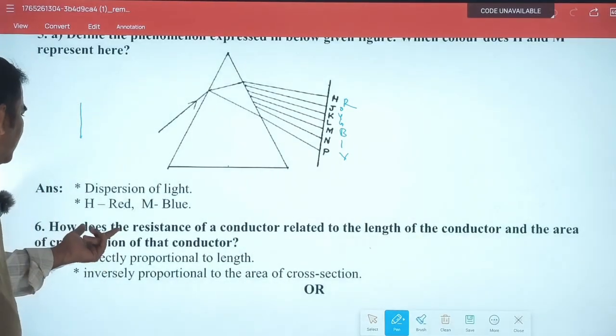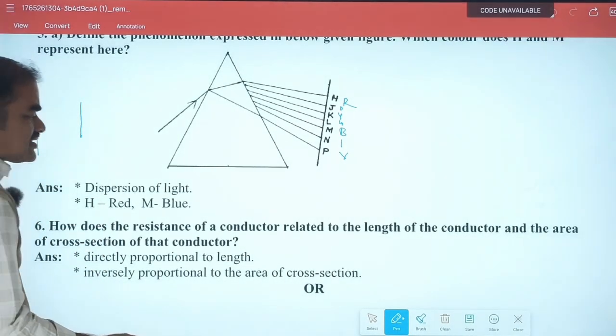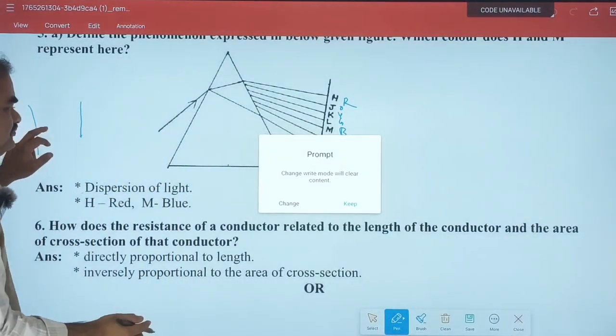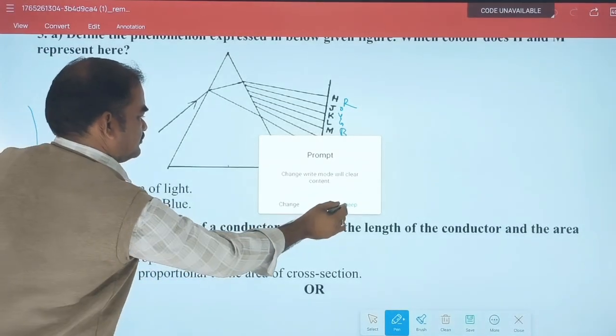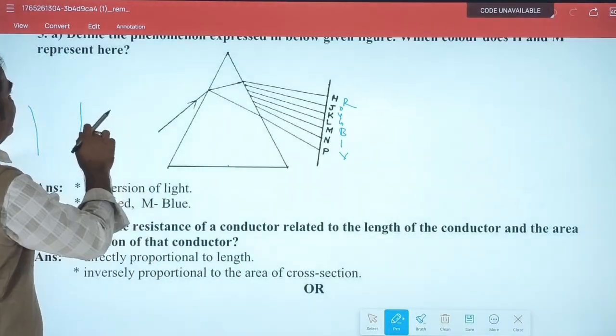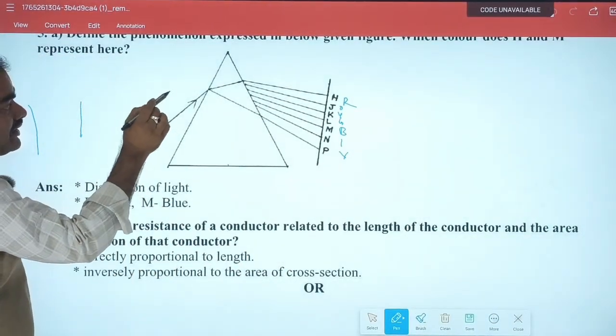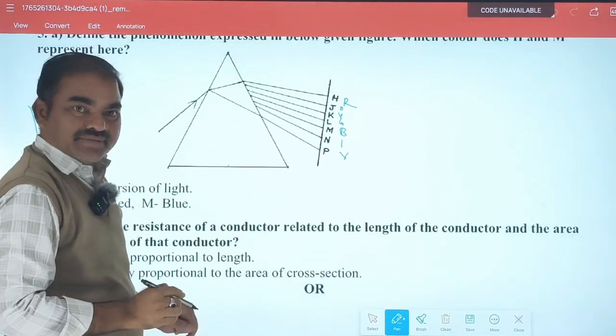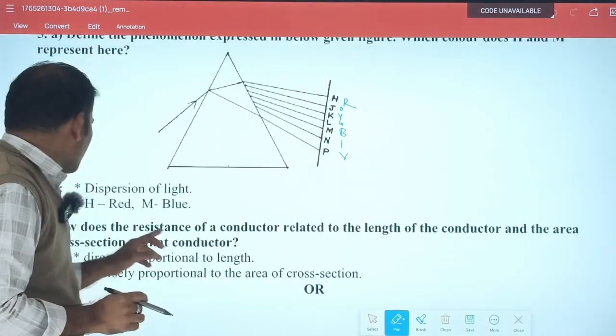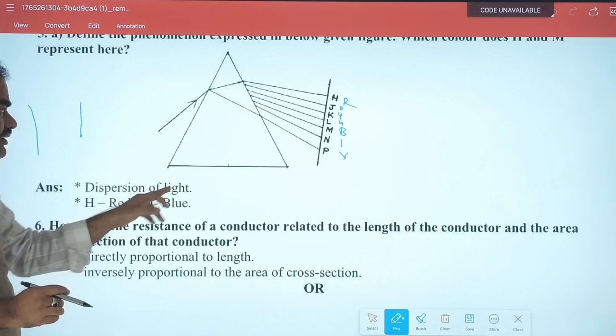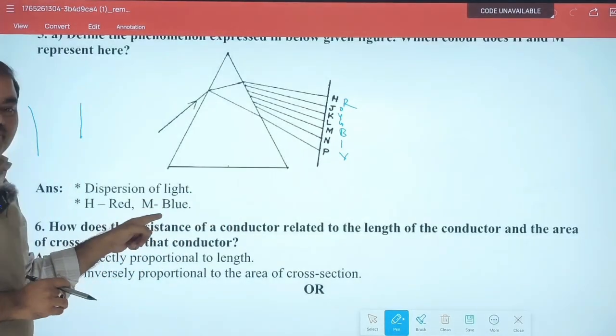The question is asking what H and M will represent. H represents red, and M represents blue color.